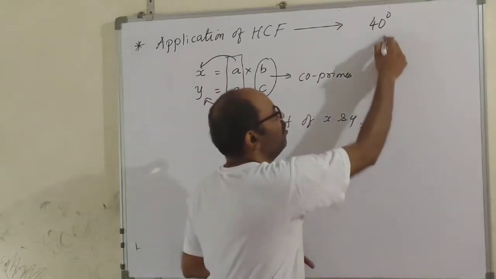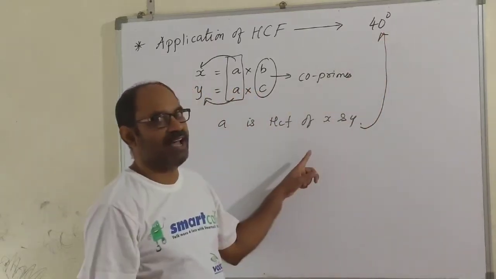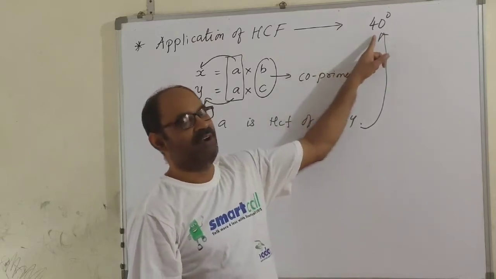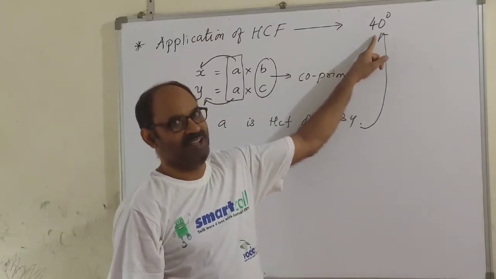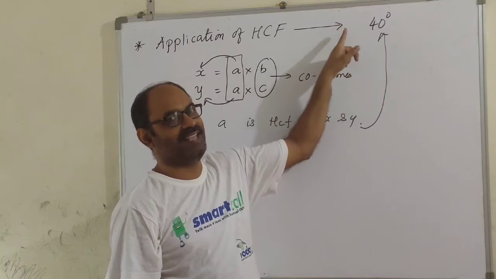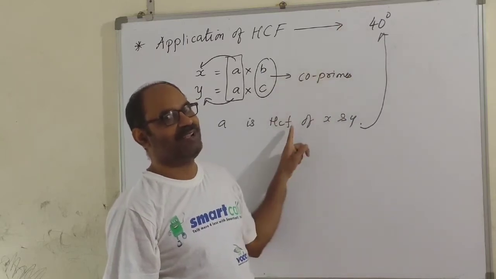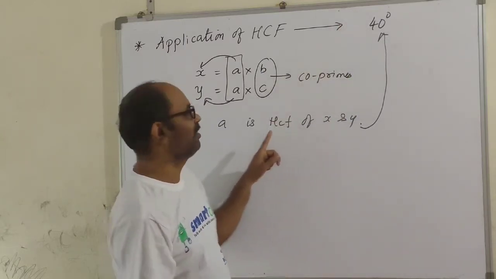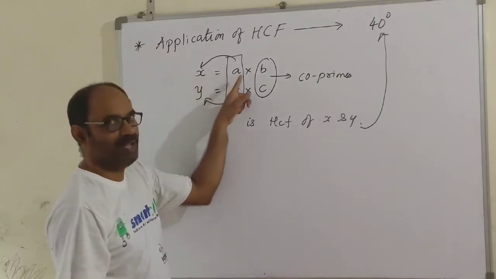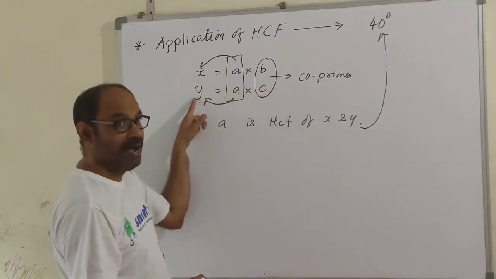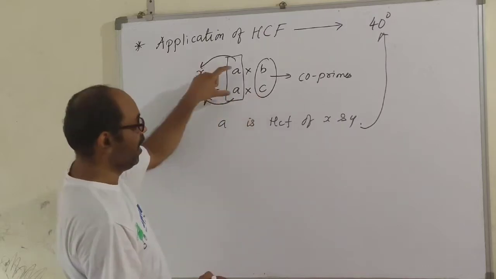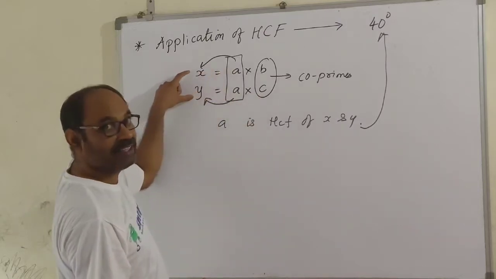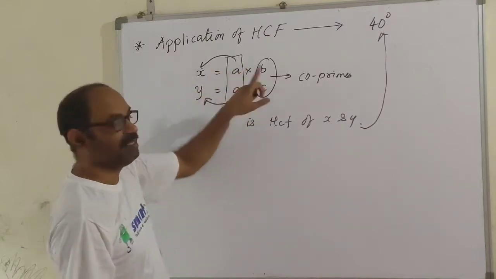This is looking at HCF. This concept is looking at HCF from angle 40 degree. When you look at HCF from angle 40 degree, you can visualize this concept. Which concept? X is equal to A into B. Another number Y is A into C, where A is highest factor which divides them and B and C are co-primes.